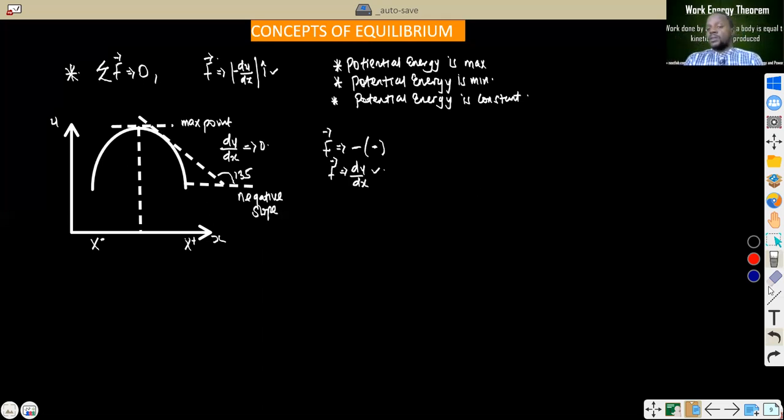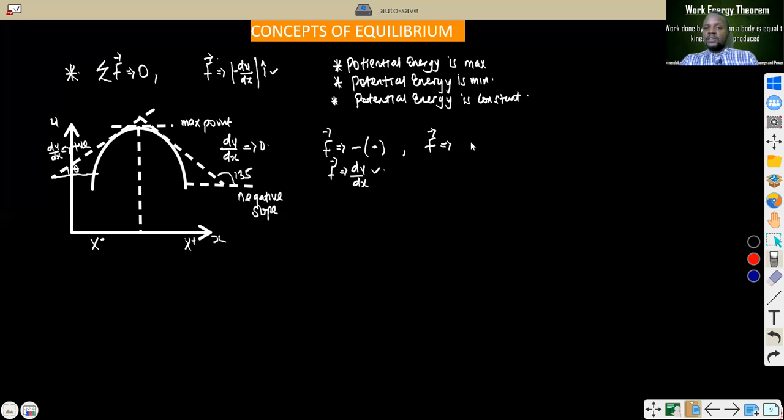But if it is the other way around, which we can also do by drawing a tangent, and this time we do that very carefully, if you are following this diagram, not drawn to scale, we are going to see that the slope here is a positive value. And because it is positive, the dU/dx is positive, and from the formula I have given you, the force will be plus times minus.